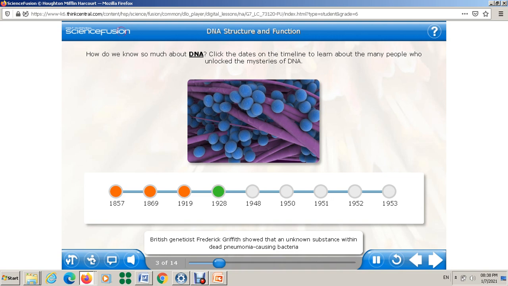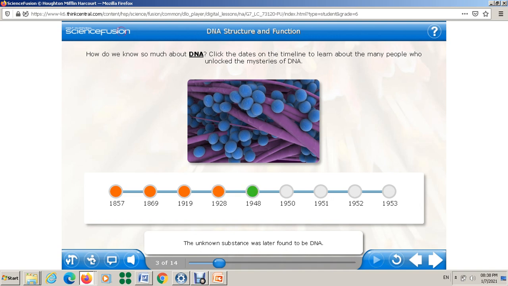British geneticist Frederick Griffith showed that an unknown substance within dead pneumonia-causing bacteria could be passed on to formerly harmless bacteria, so that the formerly harmless bacteria could cause disease in rats. The unknown substance was later found to be DNA.